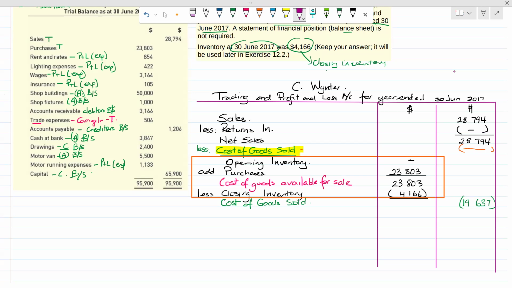If we incorporate things like return outwards and carriage inwards, I could add a third column here and work out purchases, because purchases in itself has a few more calculations involved in it. For example, let's say we purchase goods, but then we return some goods back to the suppliers, return outwards, right?